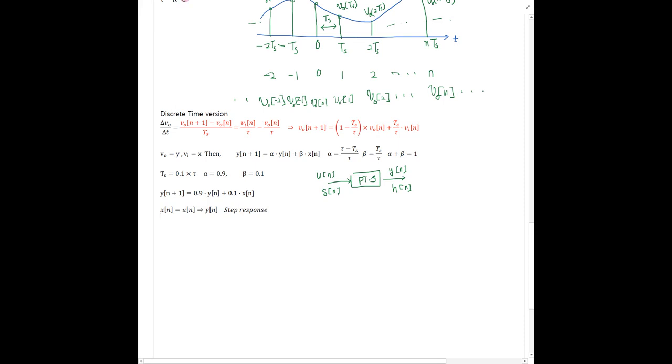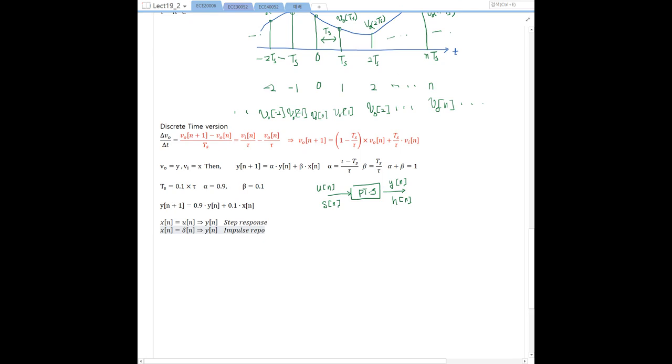And similarly, if we choose an input sequence as a unit impulse, then the output sequence is called the impulse response. For the impulse response, usually we take the symbol h, so for the output we use the h symbol. So we would like to find the step and the impulse response of this system.